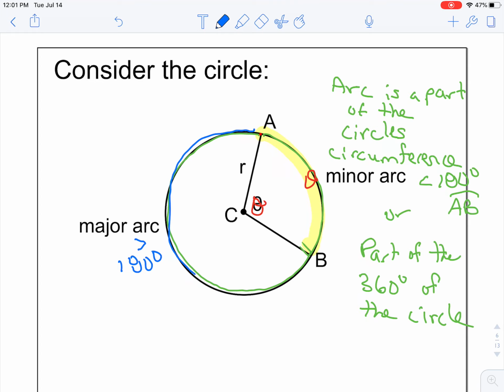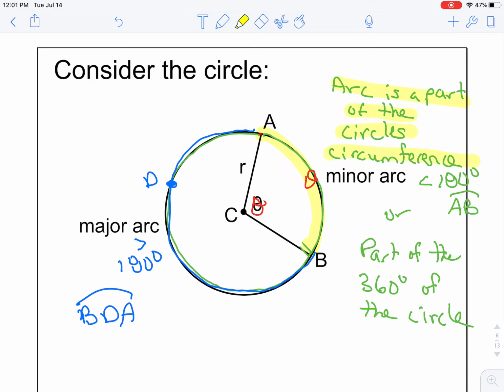This arc right here would be written with 3 letters, and if we don't have one on there, we would have to actually add one. So this could be arc BDA. Okay, so that's just a little review.